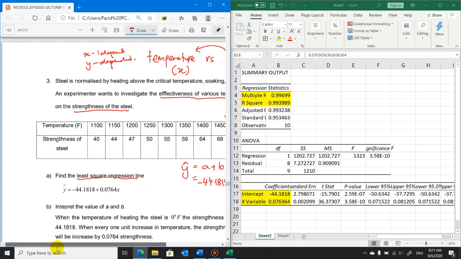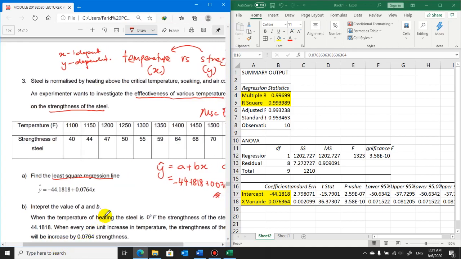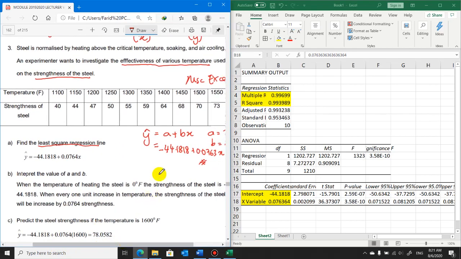Alright, so next one B, interpret the value of A and B. Now kita nak interpret this A and B. Okay, so now kita tengok satu. For next one A, untuk kita nak interpretkan nilai A is equals to negative 44.1818. Macam mana kita nak interpretkan dia?